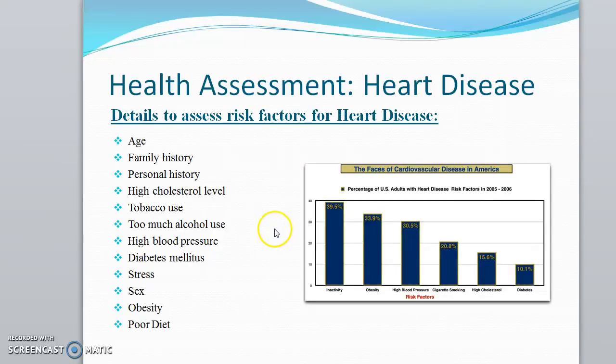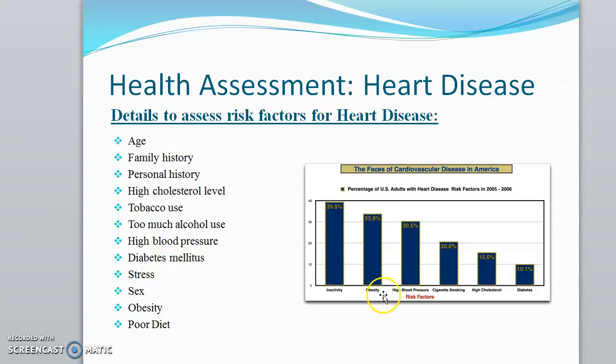The next thing I'm going to be talking about is details to assess the risk factors for heart disease. I put this graph here that basically shows the risk factors. You can see inactivity accounts for 39.9% of people with cardiovascular disease in America.